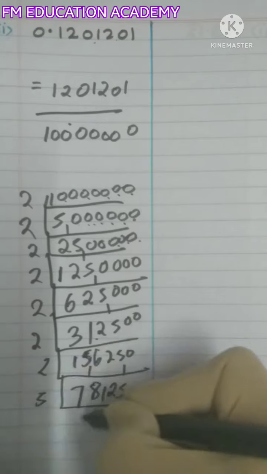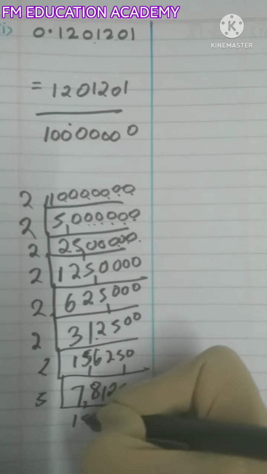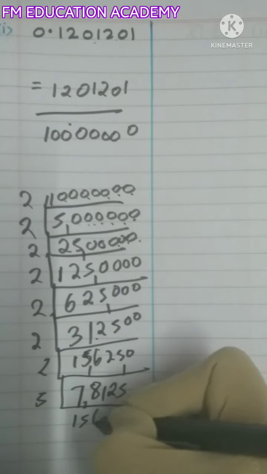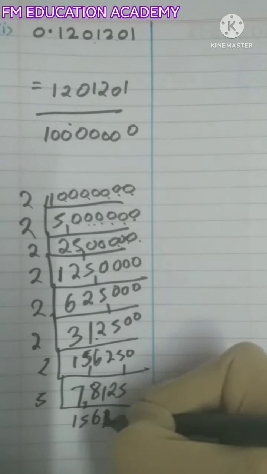Now do it with 5. 5 1s are 5, 7 minus 5 is 2 8. Okay. 5 5s are 25, 3 1, 5 6s are 30, 1 2, 5 2s are 10, 5 1s are 5.